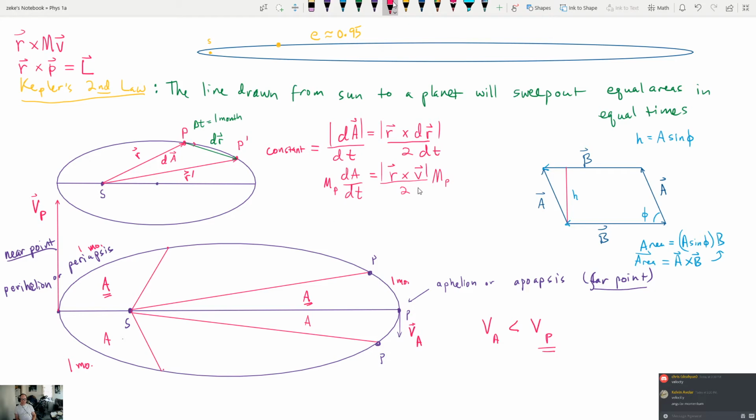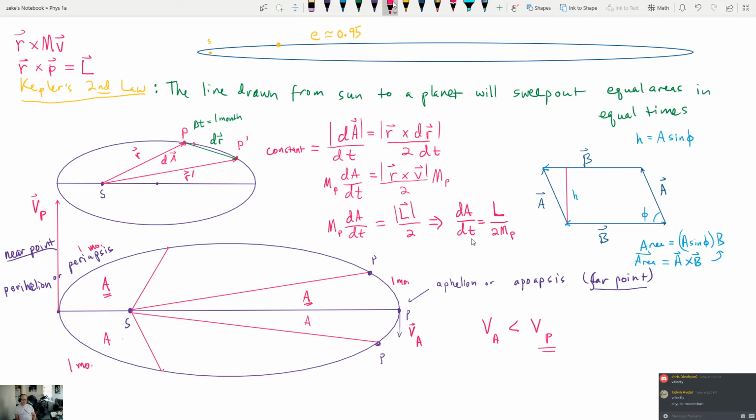So putting all of this together, what we have is that dA/dt, and we still have the mass that we multiplied by both sides right here, is equal to r cross v m_p. All of that is equal to L divided by 2. So we end up with a final result that says that dA/dt is equal to the angular momentum of the planet, I'm just going to use the symbol L now, divided by 2 times the mass of the planet.